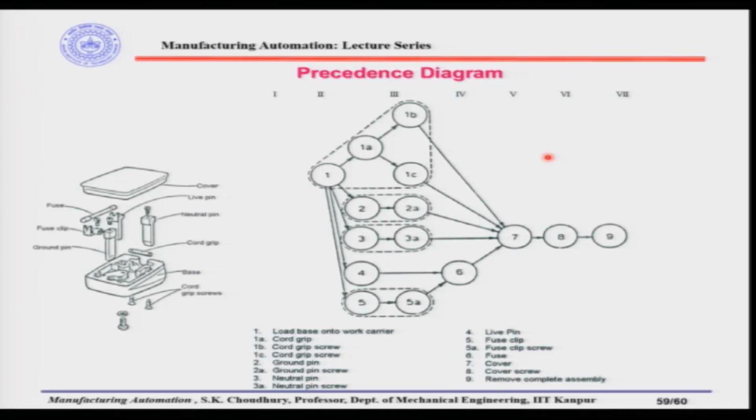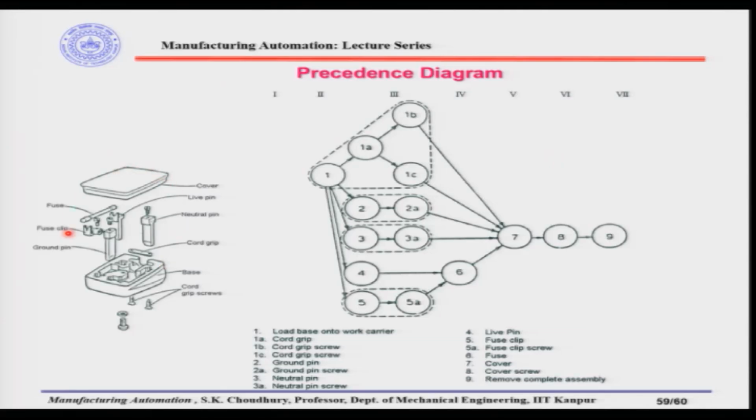The precedence diagram tells us the number of ways an assembly can be made. To give you an example, take this very simple assembly. This assembly is simple because there are only a few parts, but as you understand, production machines or production assemblies can have thousands or tens of thousands of parts.